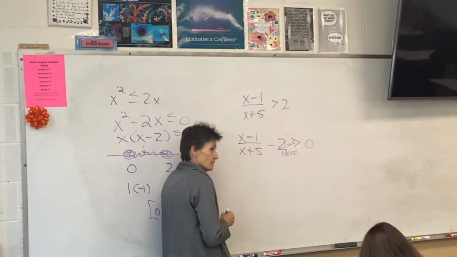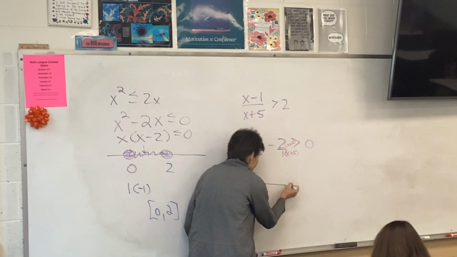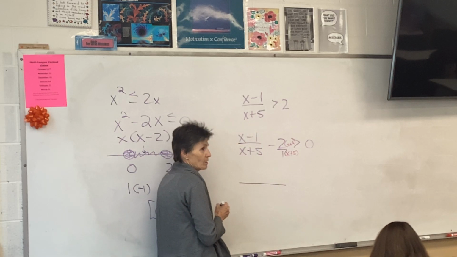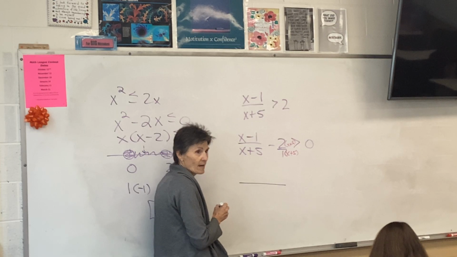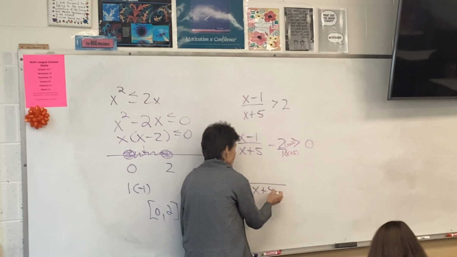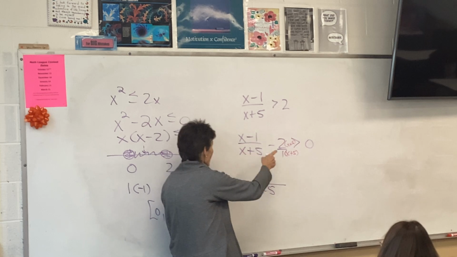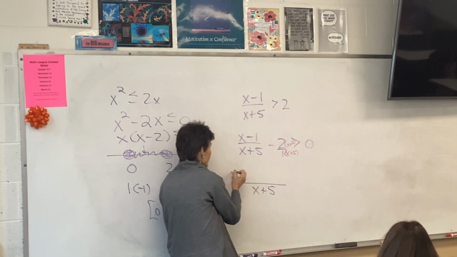Now, this is an inequality. So you must keep the fraction. Okay, everybody hear that? We gotta keep the fraction. So my denominator is x plus 5. And my numerator is all of that, but be careful.